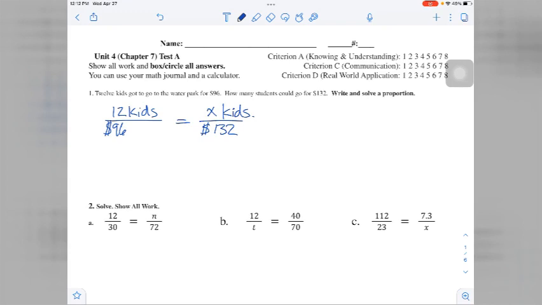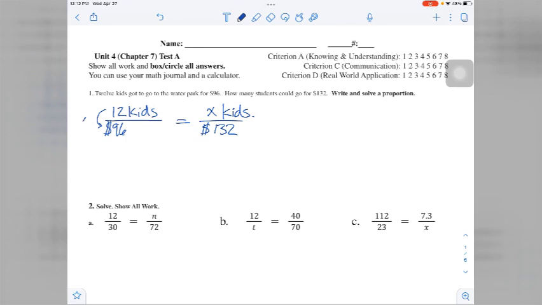So there are lots of ways to solve this. I'm just going to go with the scale factor way. I know that 12 times 8 makes 96. Now, you may not know that.